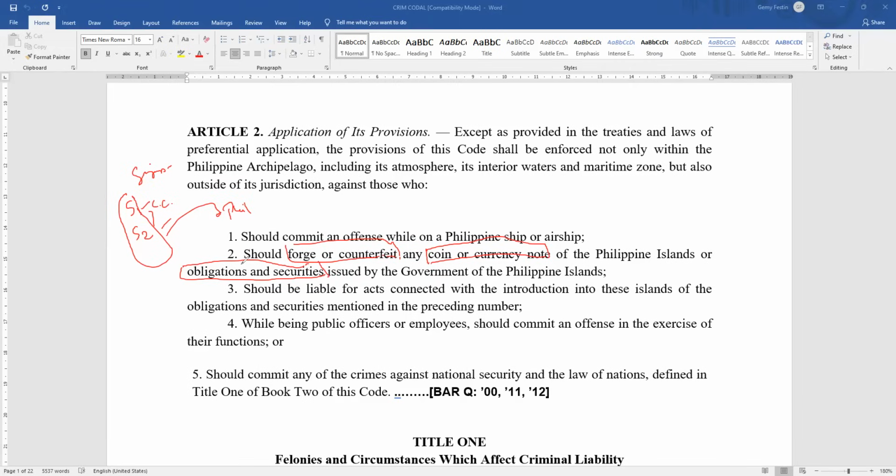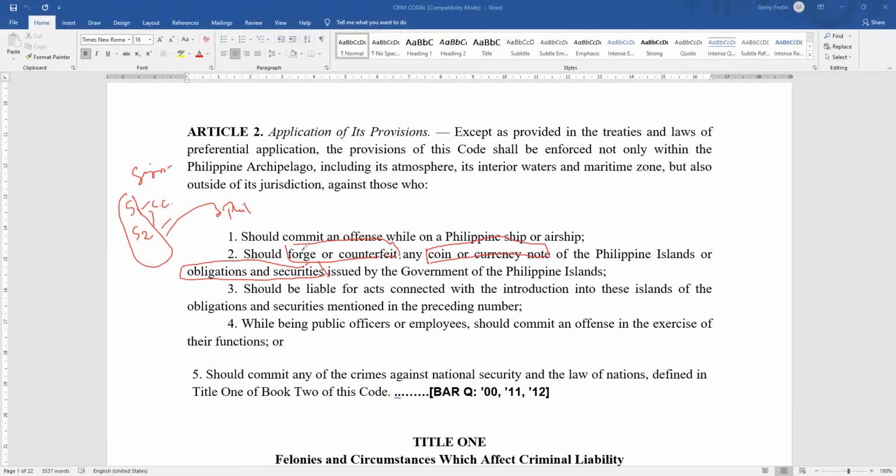Sabi nila, we cannot be tried under the generality principle because it was committed outside the Philippine territory and we are foreigners. Are the arguments raised by these two, S1 and S2, tenable? Of course not. Nationality is immaterial, as we have discussed a while ago.